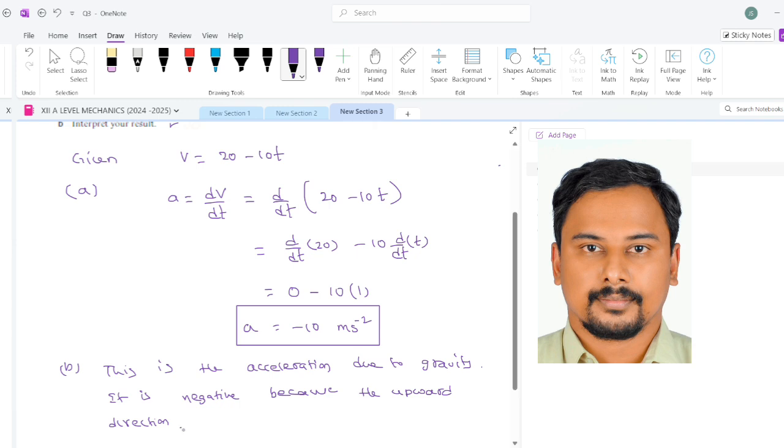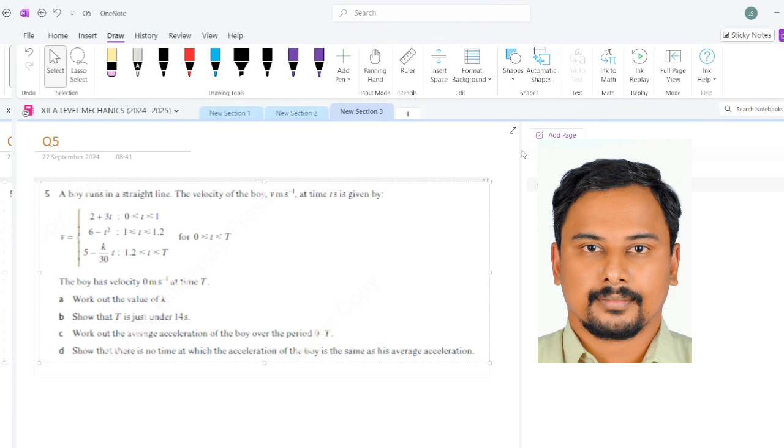Next, move on to question number 5. Like in the previous exercise, one of the questions gave three different conditions with time intervals. Like here also, this velocity we can use between 0 and 1 seconds.